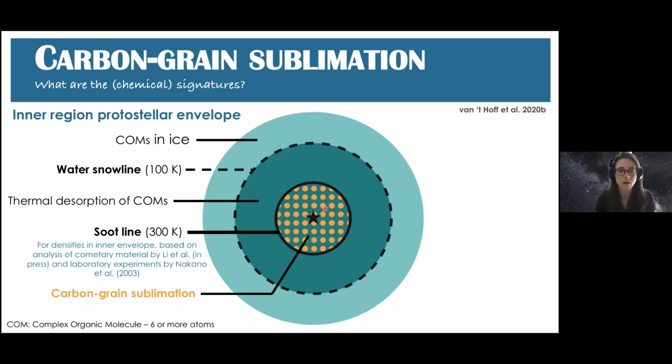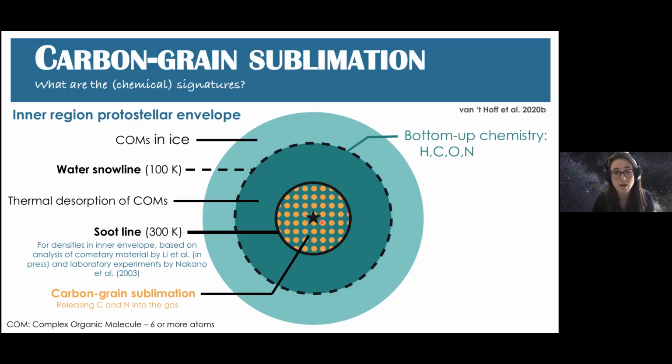Inside this soot line, we expect these carbon grains to thermally sublimate into smaller pieces. And therefore, we expect a release of carbon, but also of nitrogen, into the gas phase. Based on meteorite composition, we expect that there is a lot of nitrogen in this refractory material that will be released.